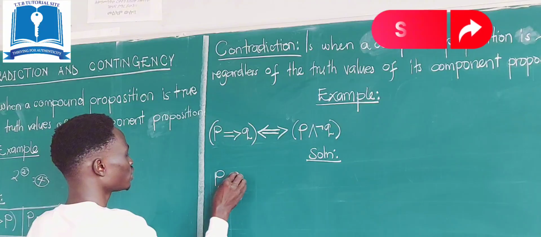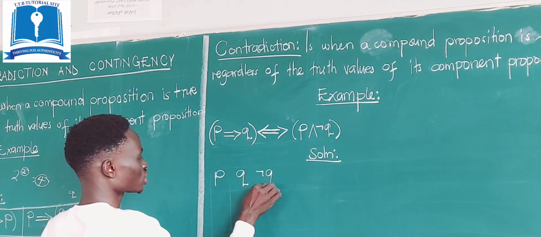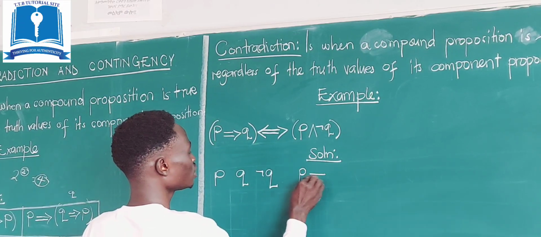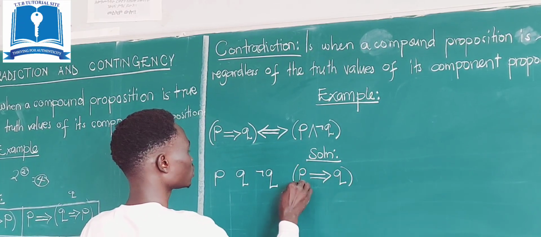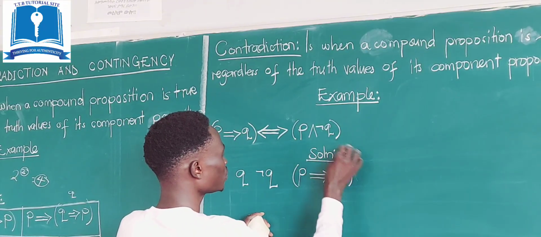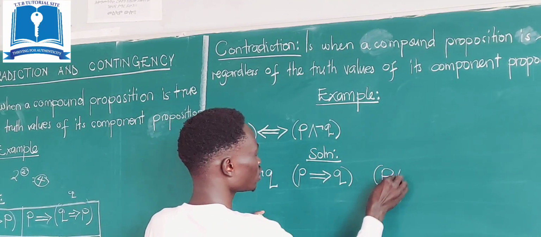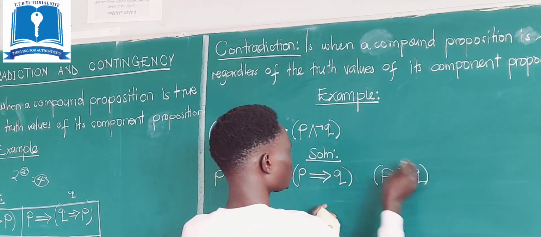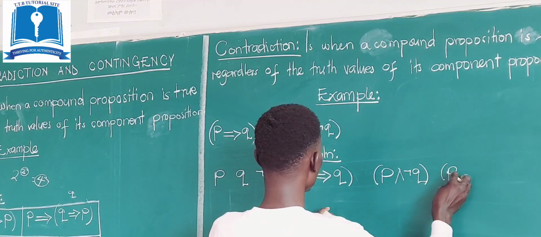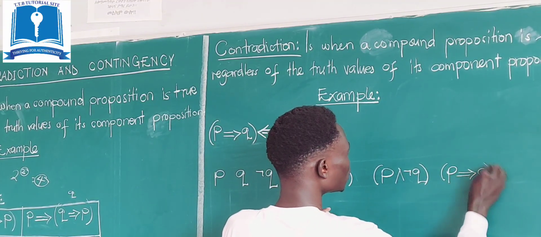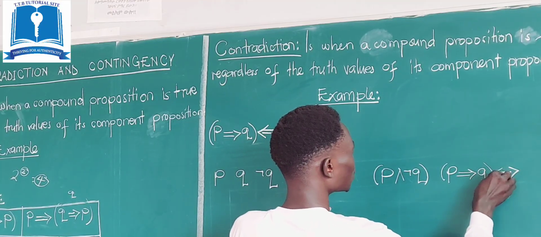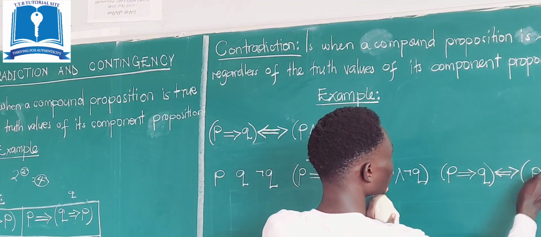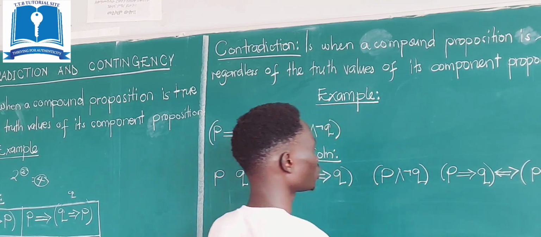We have P, then we have Q, then we have negation Q. Now you write this statement separately: P implication Q. Then also we have this statement: P conjunction negation Q. Then also we have the whole statement, which is P implication Q, then P conjunction negation Q. Now let us present this.